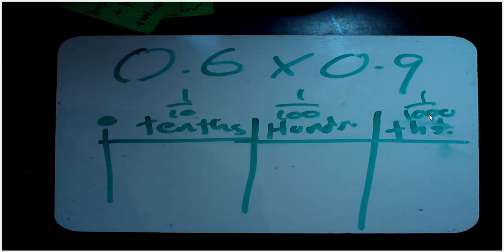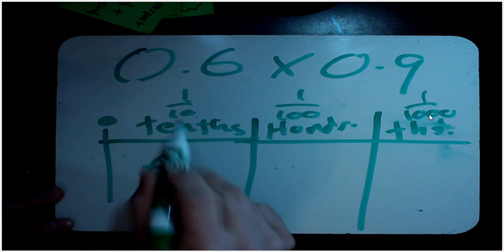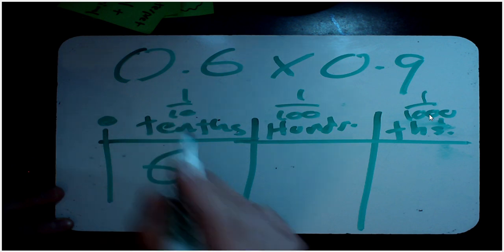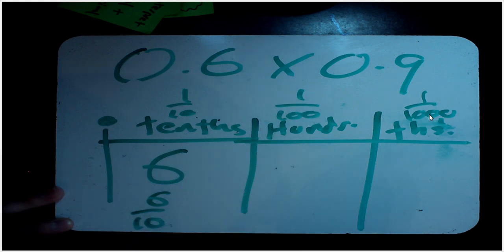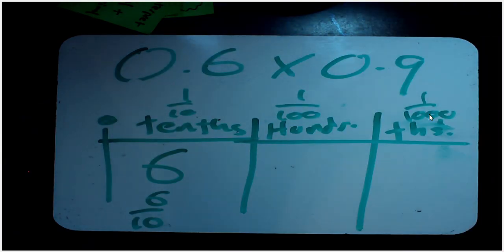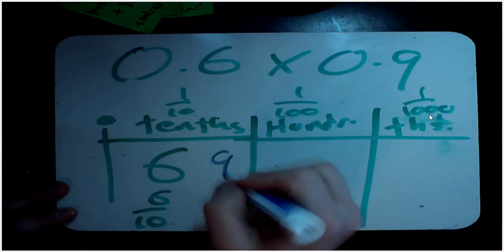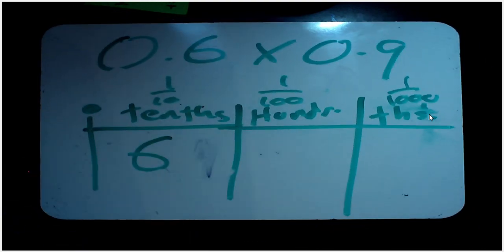So how can I convert those decimals to fractions? We have 0.6. I really have 6 1/10ths, or 6 over 10. Look at the other number, 0.9.